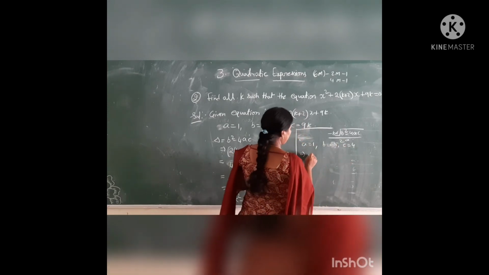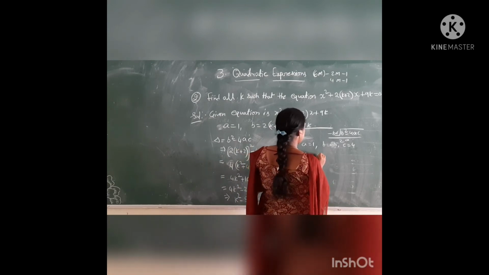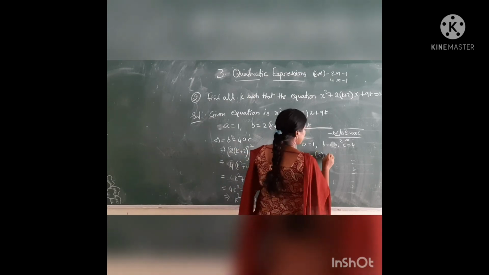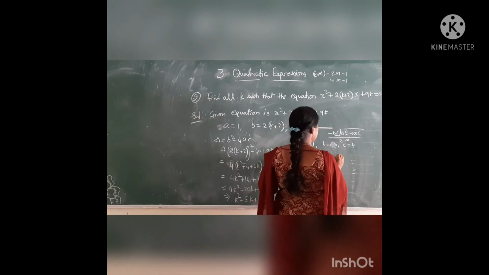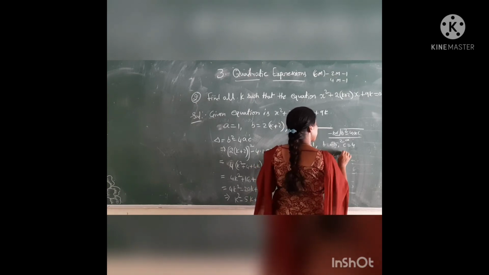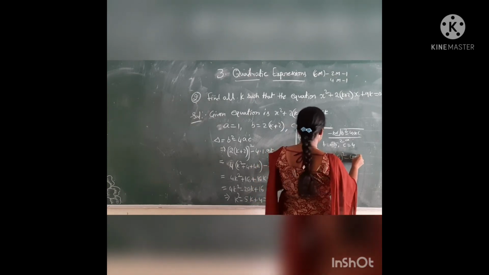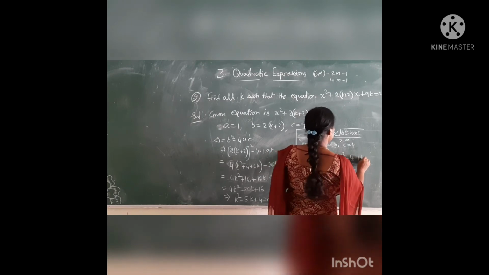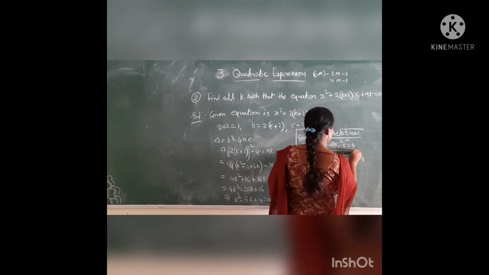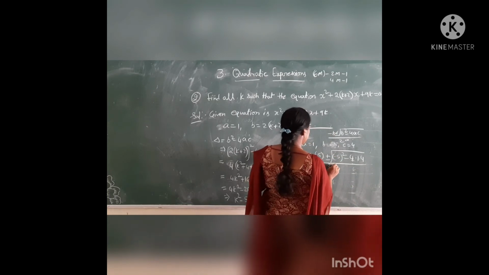Okay, we get minus b means minus of minus 5, plus or minus root of b square, minus 5 whole square, minus 4, a means again 1 and c 4, by 2 into a.